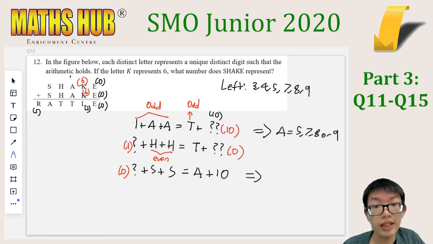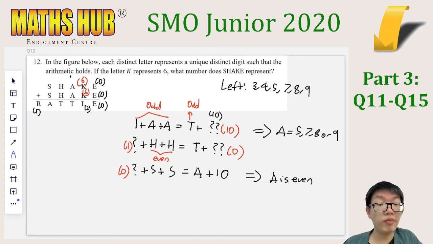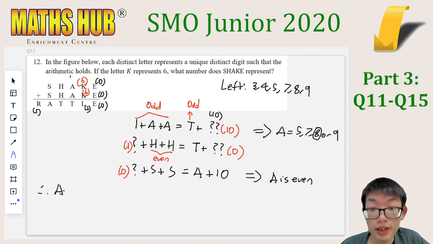So that means that A is the last digit of S plus S, so A must be even. Now combining these together, A is 5, 7, 8 or 9 and even, it can only give you 8 as something that satisfies both. So therefore, A is equal to 8 and all the other pieces fall in place.